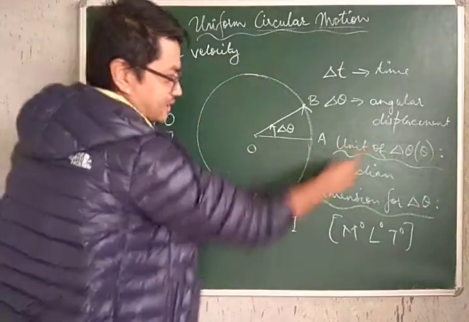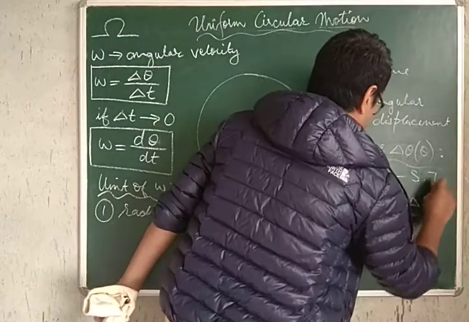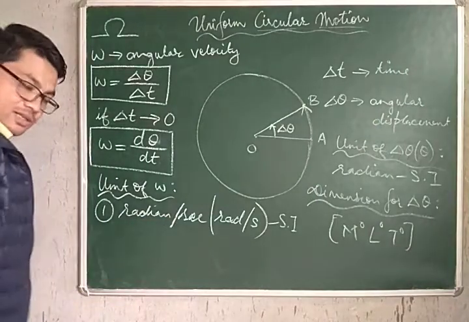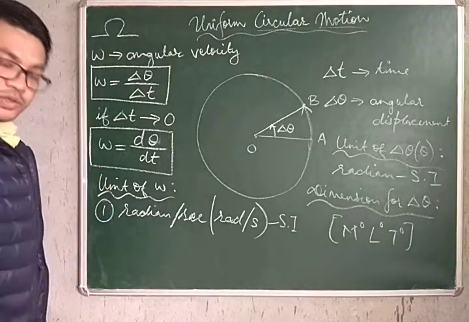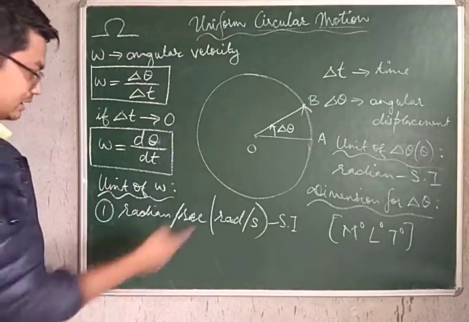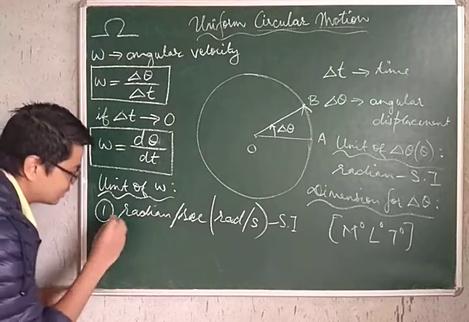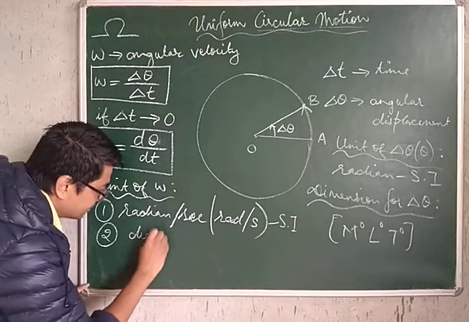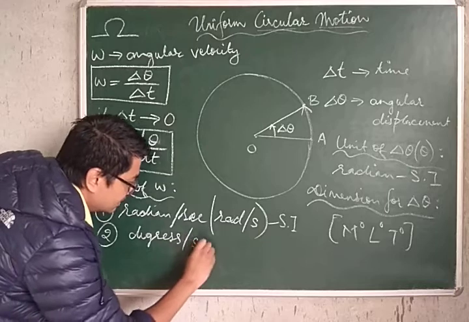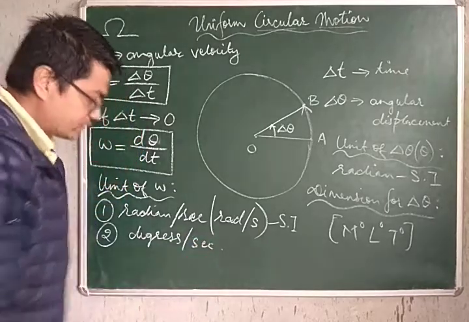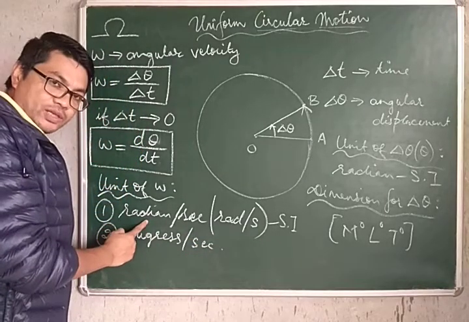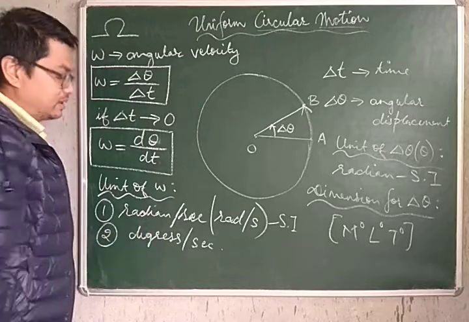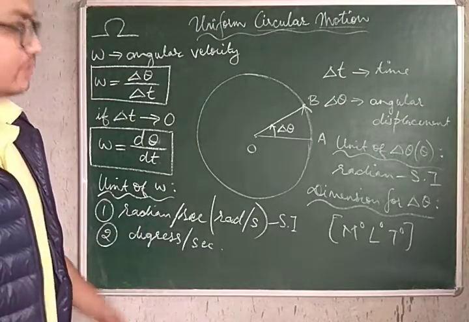Likewise, radian is the SI unit for angular displacement. I forgot to mention that earlier. You can of course use another unit also, which is degrees per second. But generally, since radian per second is the SI unit, we use it as the unit of angular velocity.